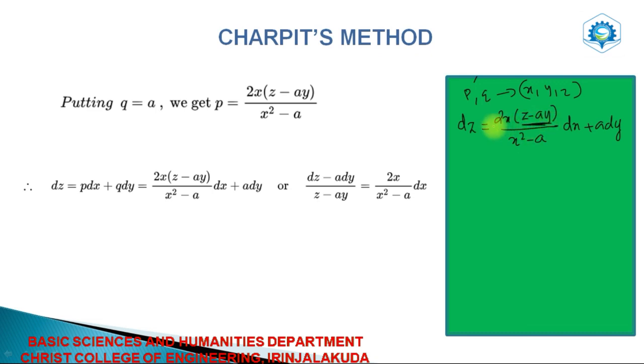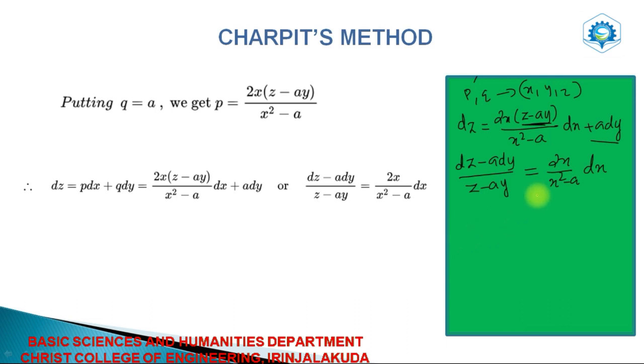So let us group the terms z and y together. So taking this a dy to the left side and z minus ay to the left side, we get dz minus a dy divided by z minus ay equal to 2x divided by x square minus a dx.